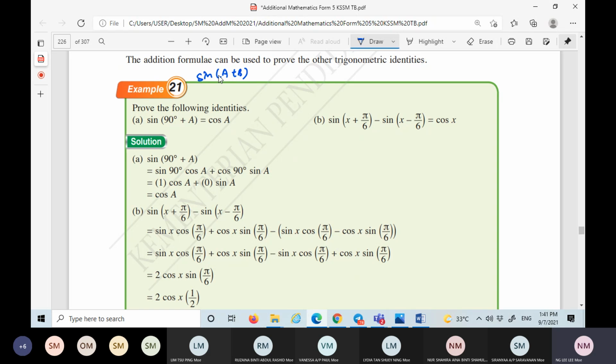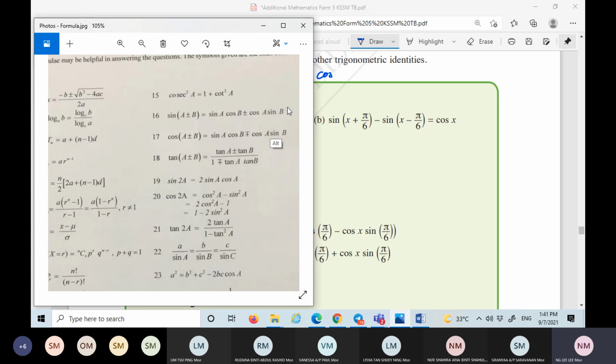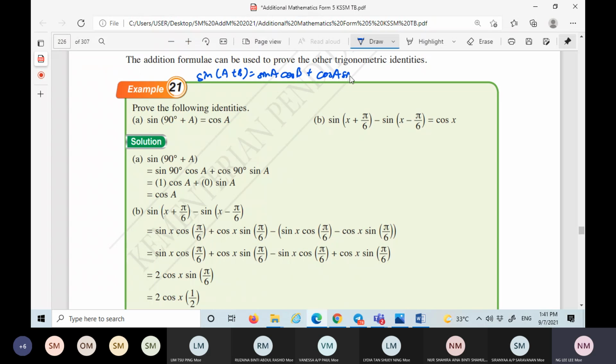This A and this A are different A's. Sin A cos B plus cos A sin B. So now matching. Actually you can swap the plus order, but never mind, we follow.